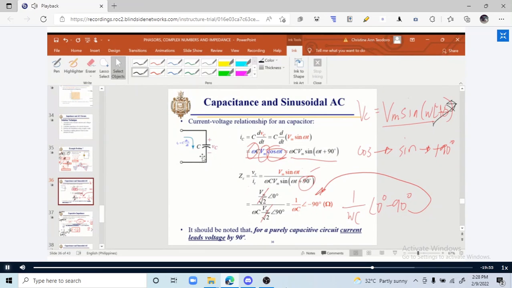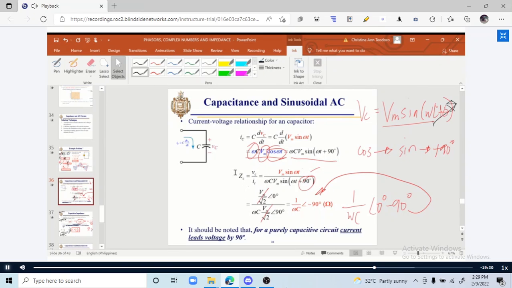Okay. So we now go on to the purely capacitive circuit. Just like your inductive circuit, it is kind of the same format, because for a purely capacitive circuit, current leads voltage by 90. So it is the other way round.